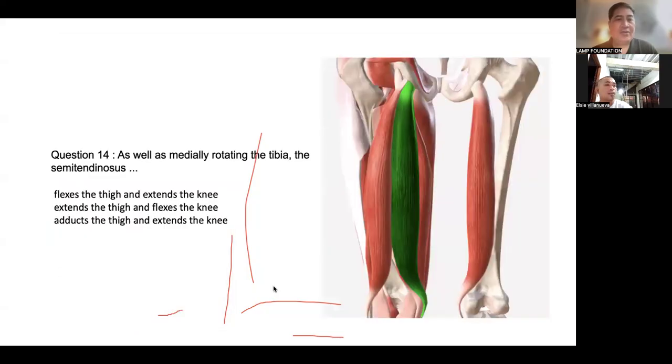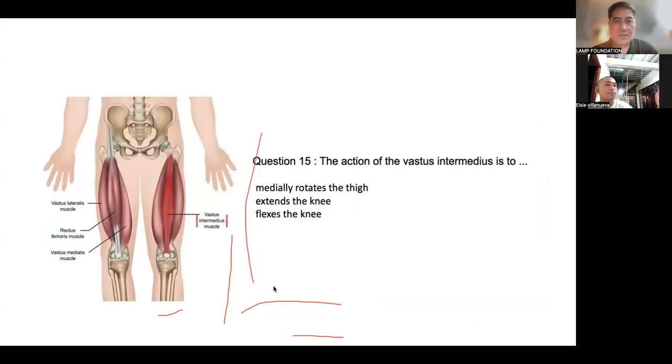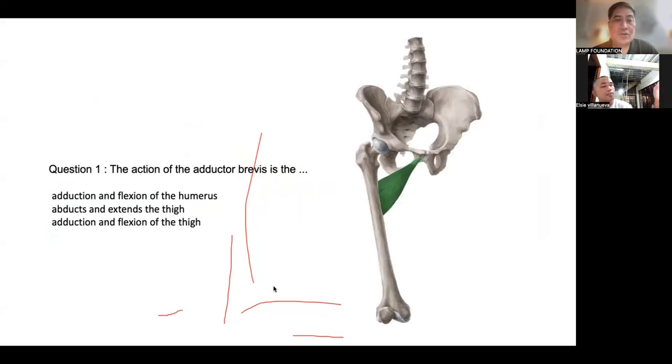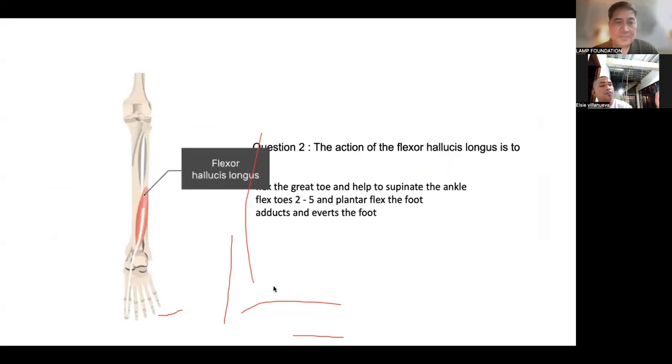As well as medially rotating the tibia, the semitendinosus extends the thigh and flexes the knee. Action of vastus intermedius: extend the knee. Action of adductor brevis: abduction and flexion of the thigh. Action of flexor hallucis longus.